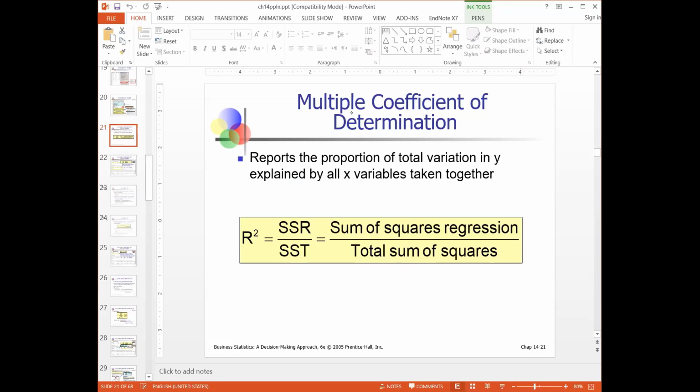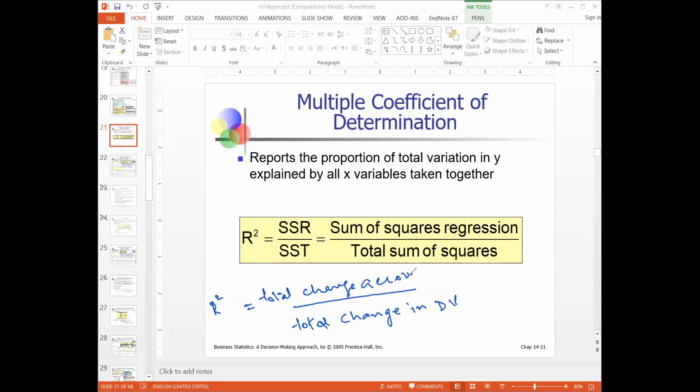So the next point that we're discussing is the coefficient of determination. We discussed it when we were discussing simple regression. We found out that R square is actually the total knowledge, or total change in the DV, meaning dependent variable, and how much of that total change is accounted for by the IVs.